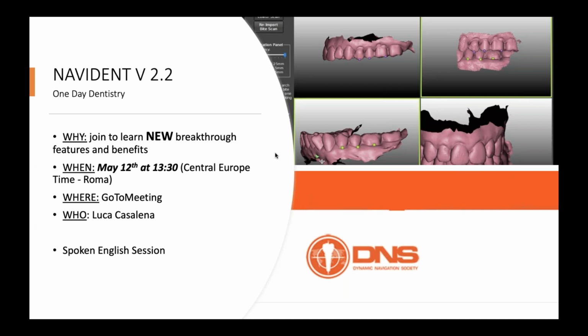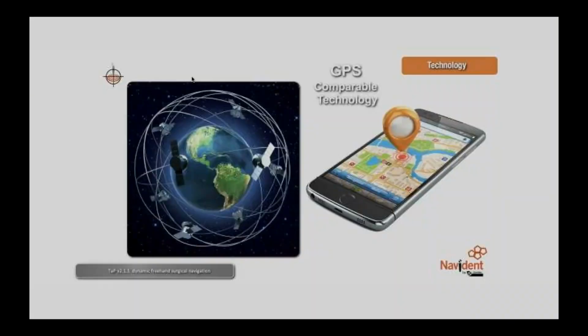This event is not necessarily related to users, and we opened up to both users and non-users. So I thought it would have been a good idea to spend just a couple of words on what we're talking about. We're talking about dynamic navigation. We're talking about Navident, what it's all about.